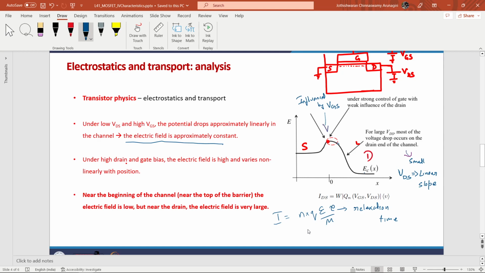Like this is correct, right? Yes, sir. Because Q times E will give me the force, QE by M will give me the acceleration, acceleration into the relaxation time will give me the drift velocity, that into the carrier concentration should give me the total current, right? Yes, sir.